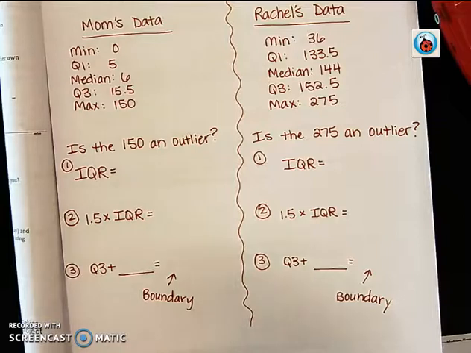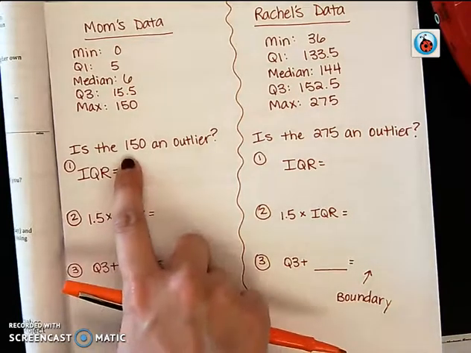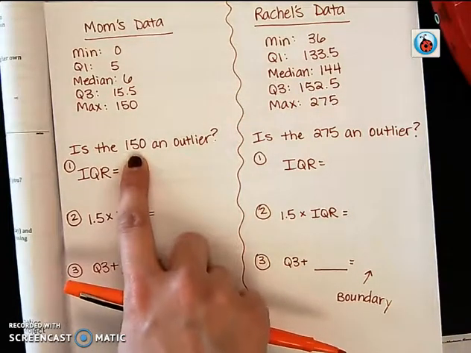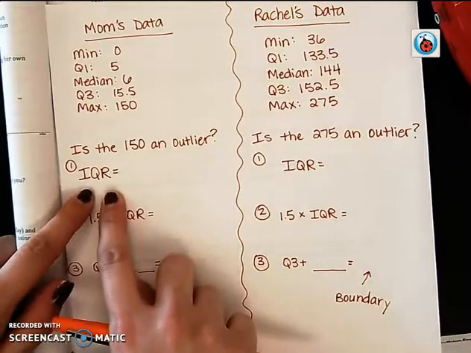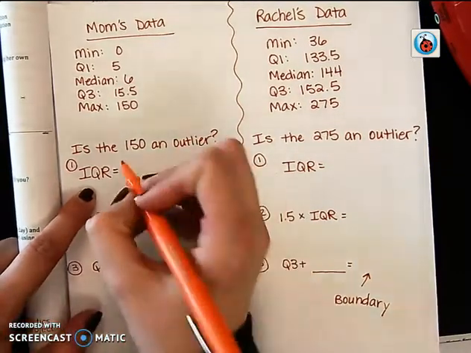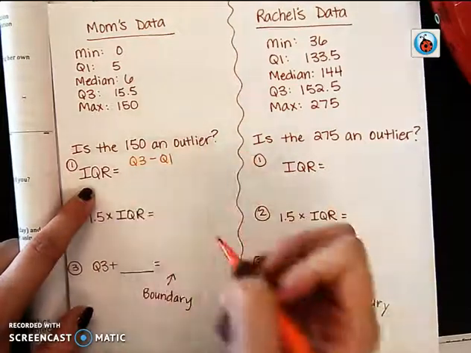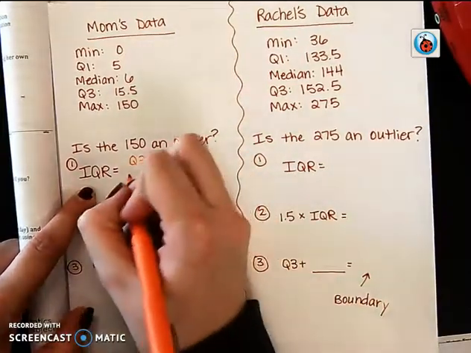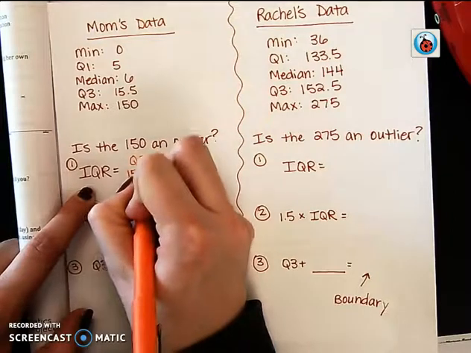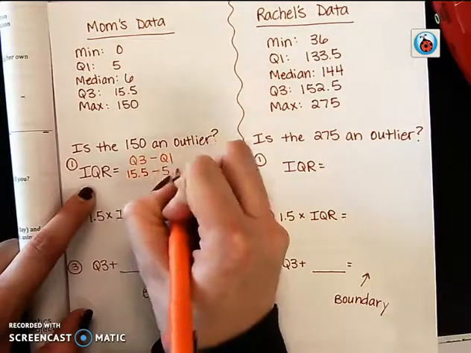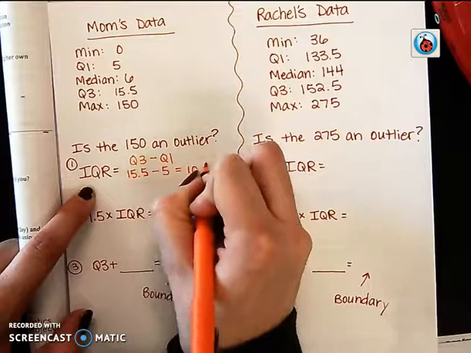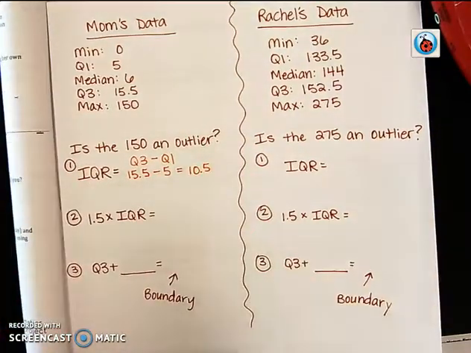And we'll talk about how to do that in class when you have your graphing calculator with you. For mom's data, we're trying to figure out, is the 150 an outlier? The first step is to calculate the IQR. Remember, the IQR is the Q3 minus the Q1. So from the data that I've already found, I'm going to do 15.5 minus 5, which gives me 10.5 for my IQR.